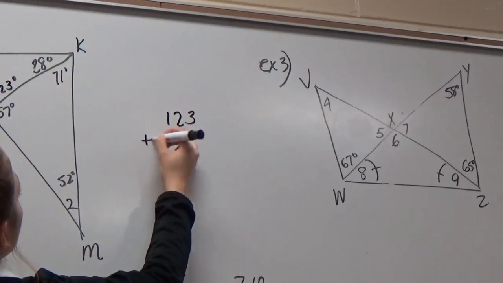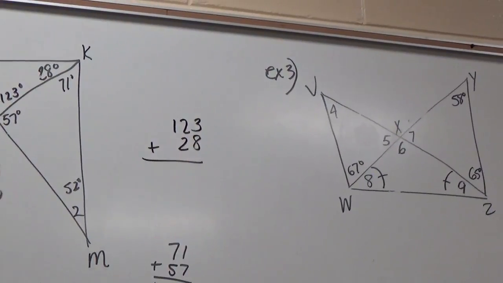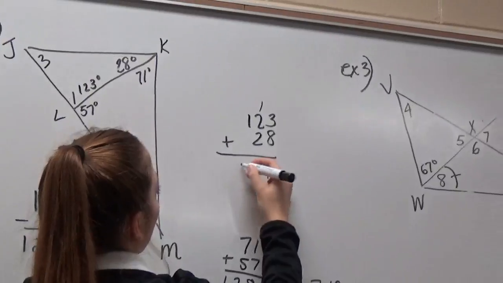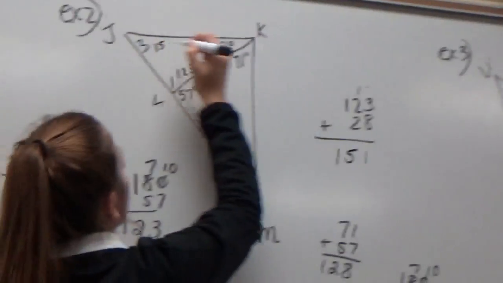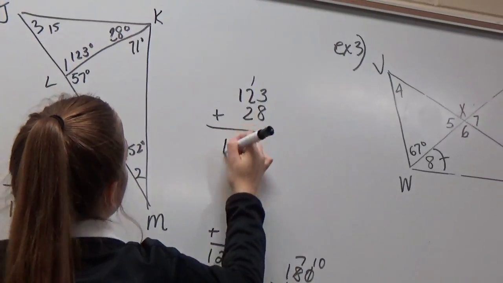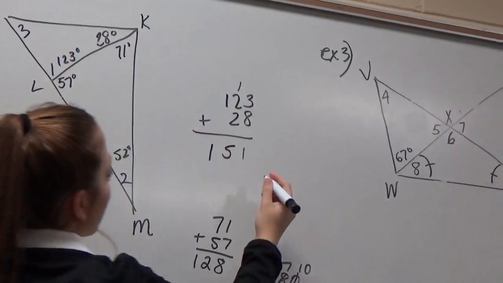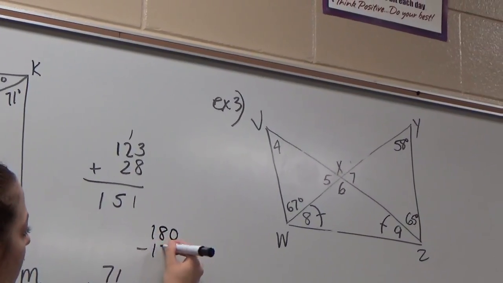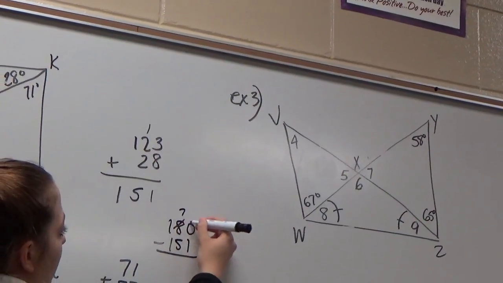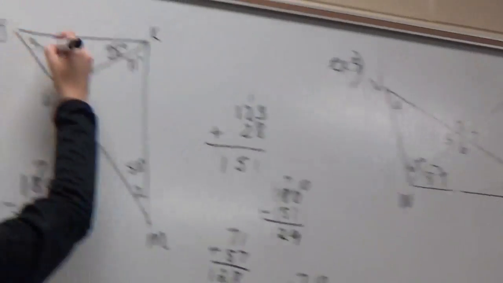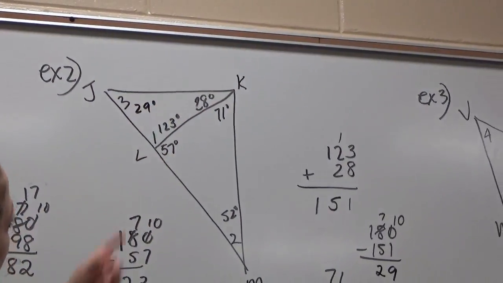Basically, it's a lot of addition and a lot of subtraction. So that's 151. You have to subtract that from 180. You get what these two equal, and then take the 180 and subtract it. You're always subtracting from 180. So that's 29 degrees. That makes more sense. So those are all your angles there.